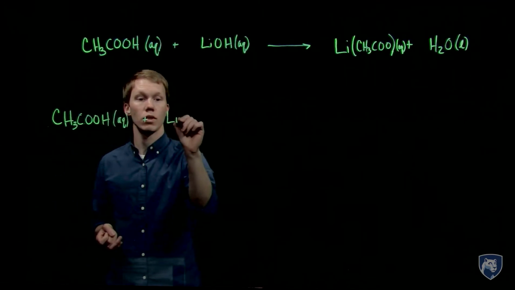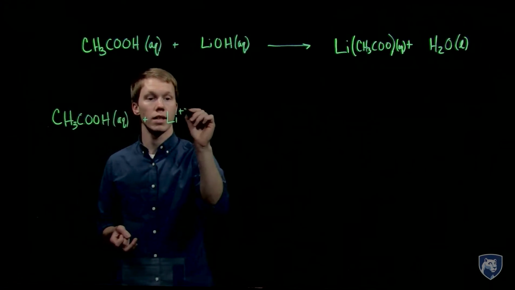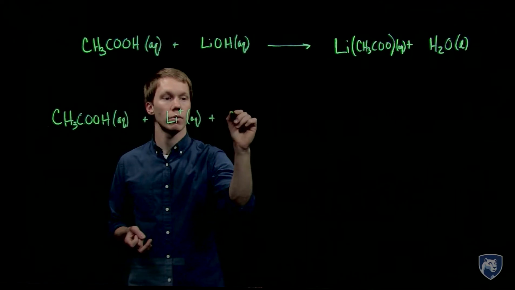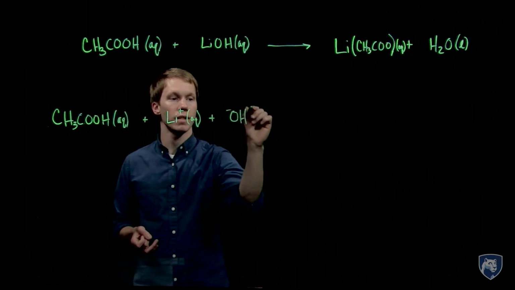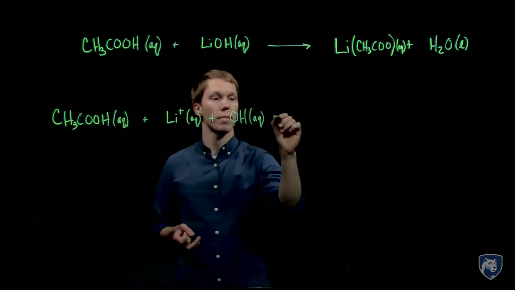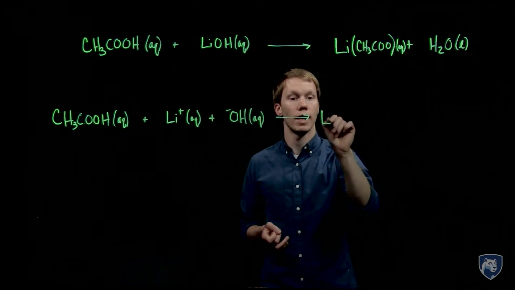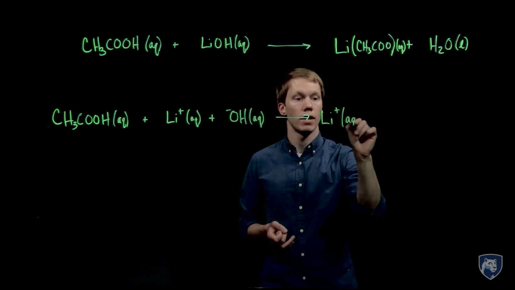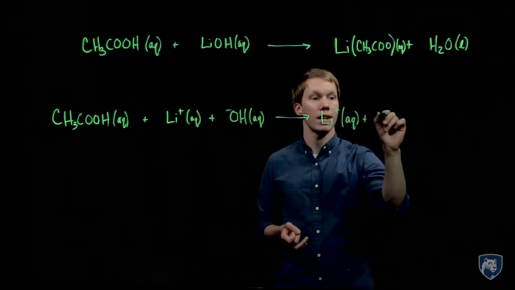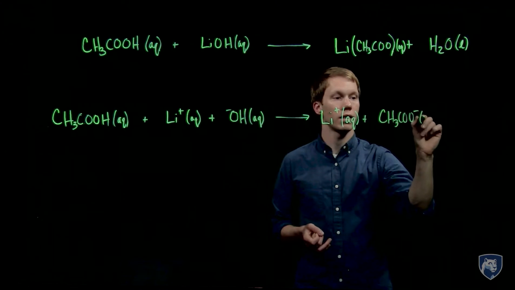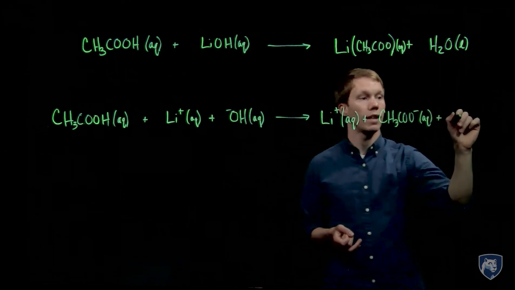We will dissociate the lithium hydroxide because it is a strong electrolyte. It's one of our strong bases. It's an ionic compound. And then my products, I would have lithium and the acetate anion, and then water.